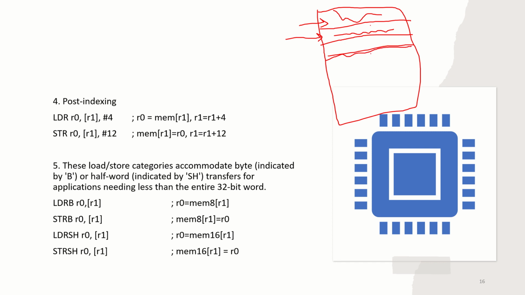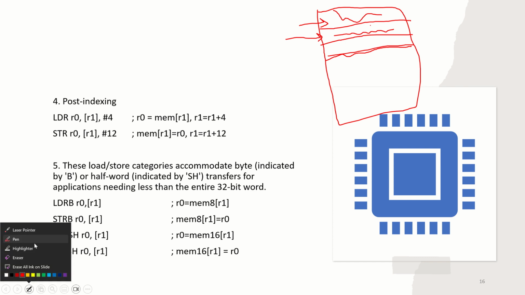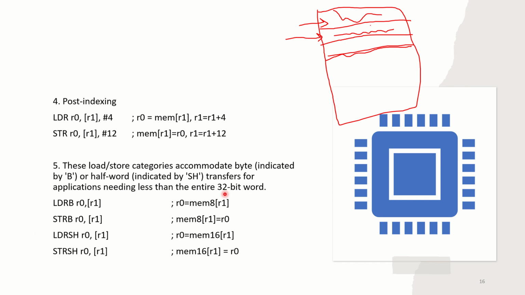So in ARM, the word size is 32-bit, but sometimes you do not need to transfer the entire 32-bit word. In that case you can load or store 8 bits. 8 bits means 1 byte, so you can use the instructions ldrb and strb, or you can load or store 16 bits. 16 bits means 2 bytes, half of 32, so it is a half word.